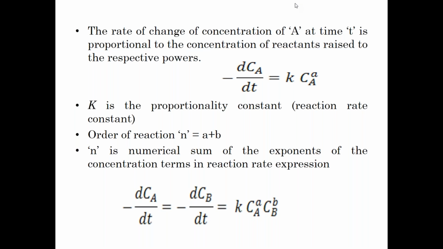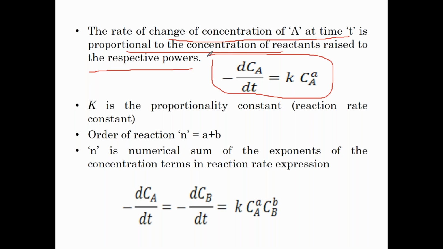The rate of change of concentration of A at any particular time is proportional to the concentration of reactants raised to the respective power. When you read the sentence like this it's difficult to understand, but when I represent the same thing in the equation, it is easy to understand.